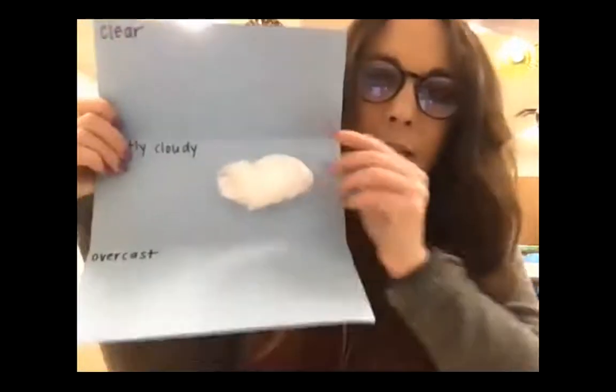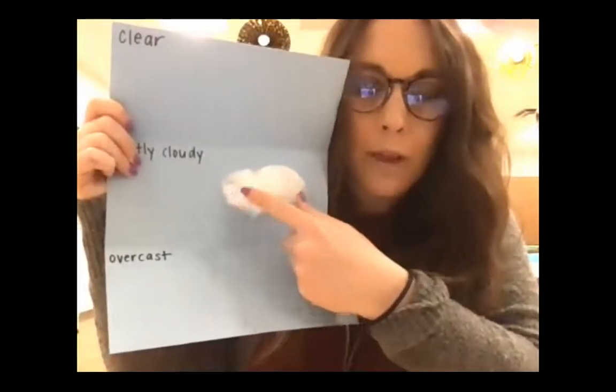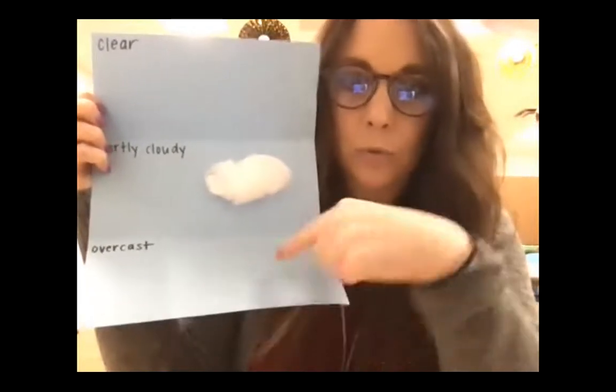So I'm going to glue this down and I'll show you what it looks like in just a second. Add some glue. There's my cotton ball cloud. All right, so for my partly cloudy sky, I just added one cloud. I have part of the sky that has clouds, but part of the sky is also blue and sunny.